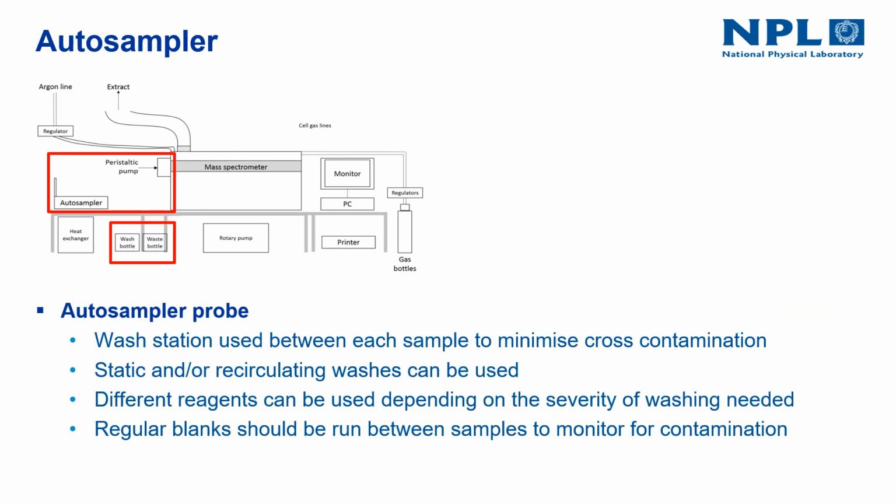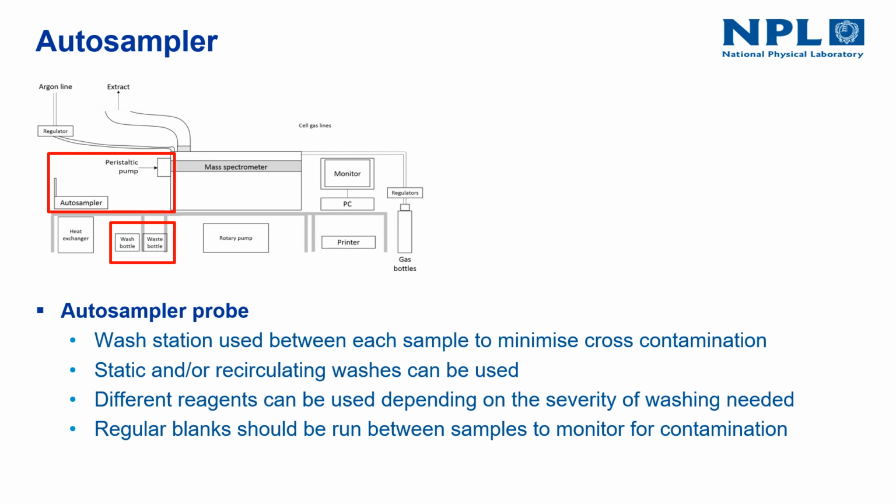The autosampler is responsible for moving a probe to the sample pre-selected by the user, and then that sample is pumped into the introduction system of the ICP-MS. In between each sample, it is important that the autosampler probe is washed to minimize the impact of cross-contamination between samples.